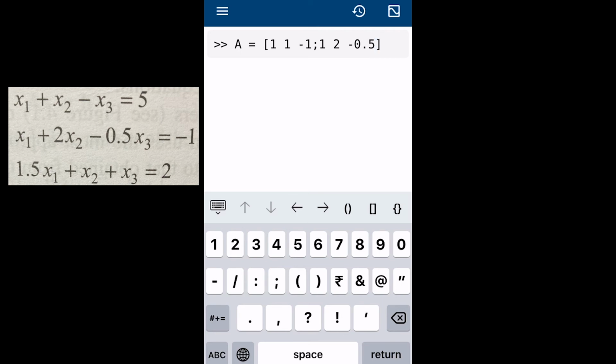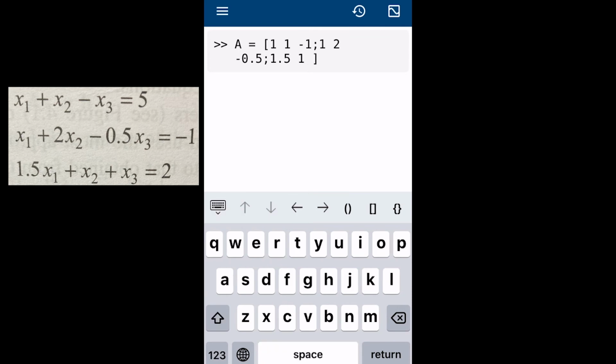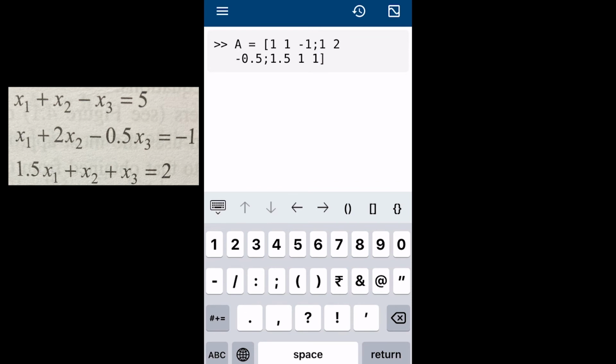So you have to move on to the third equation. Put a semicolon. That is the third row. What is the coefficient of x1? 1.5. What is the coefficient of x2? 1. What is the coefficient of x3? 1, right?